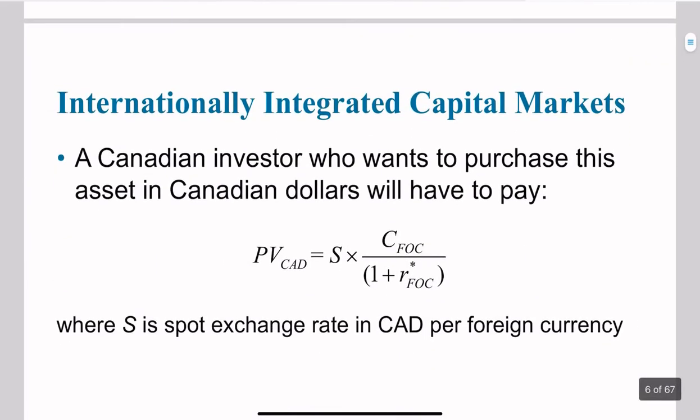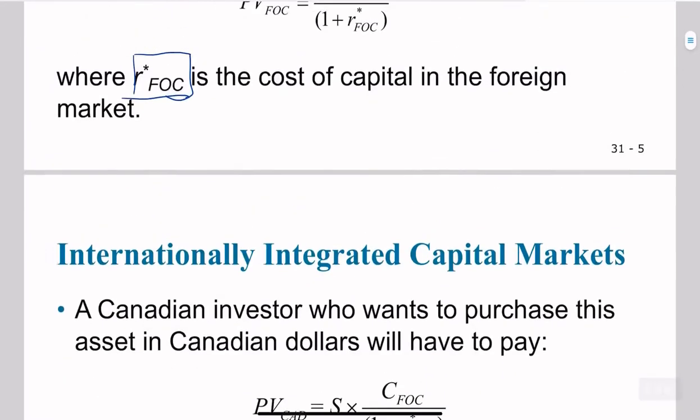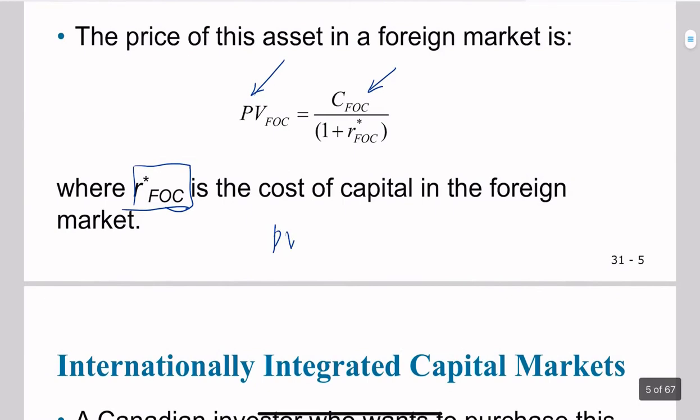Now, the second step, the investor will want to convert this present value in foreign currency into the present value in Canadian dollars. So how can the investor do this? Well, the investor can just use the market exchange rate, or the spot exchange rate, right?